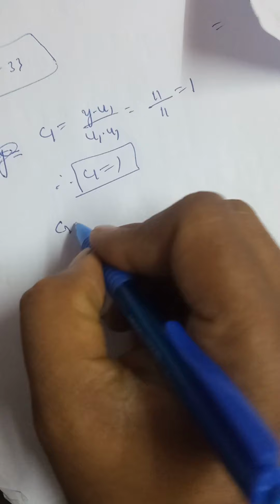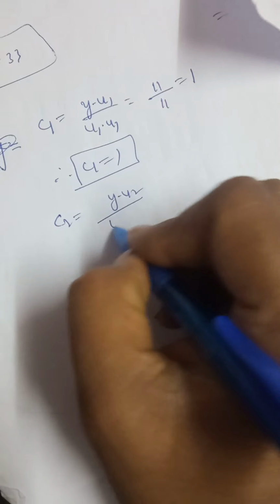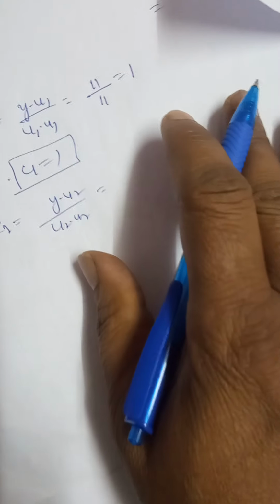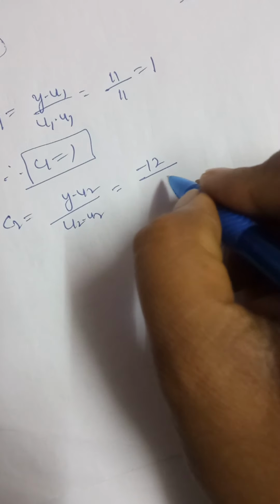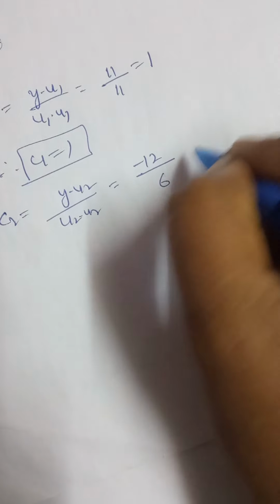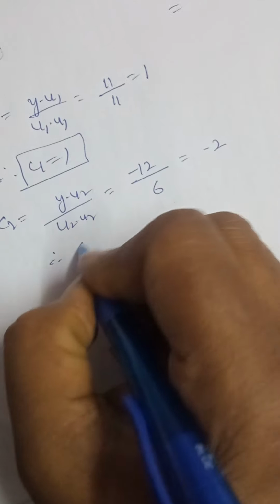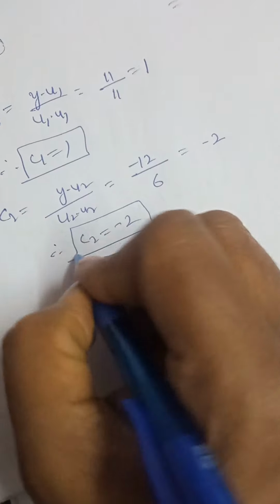Next, what is c2? y dot u2 by u2 dot u2. What is y dot u2? Did we calculate y dot u2? Yes, minus 12. Minus 12 by u2 dot u2, which is 6, is equal to minus 2. Therefore c2 is equal to minus 2.